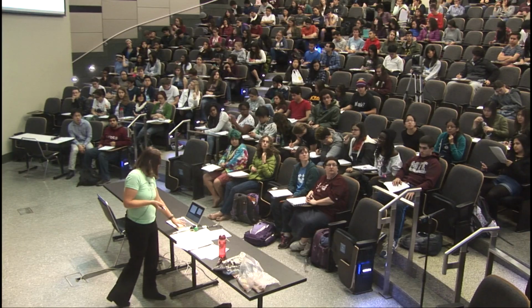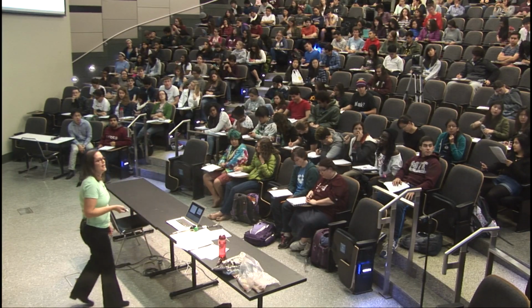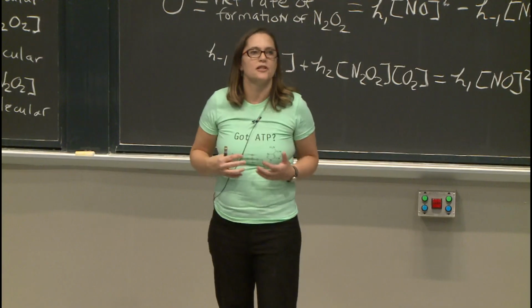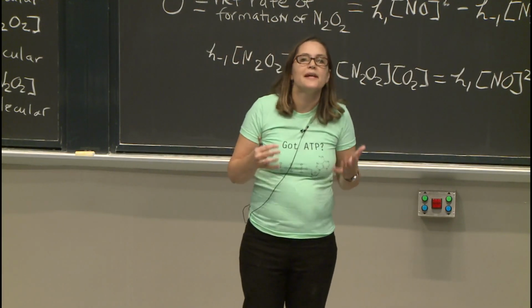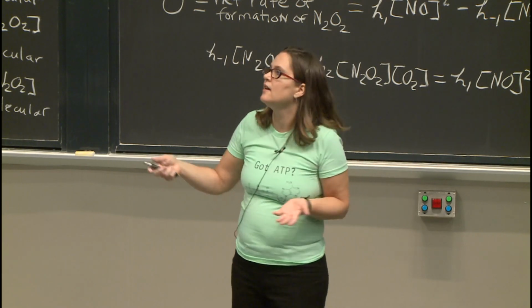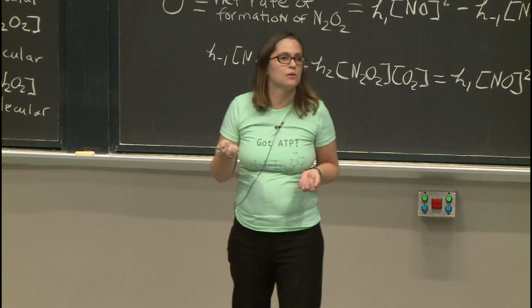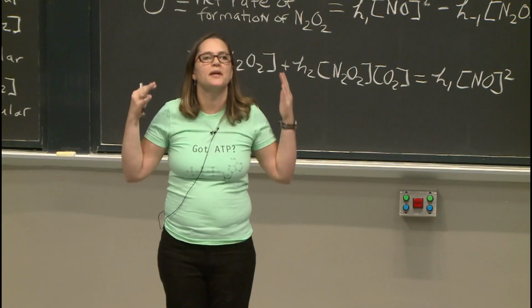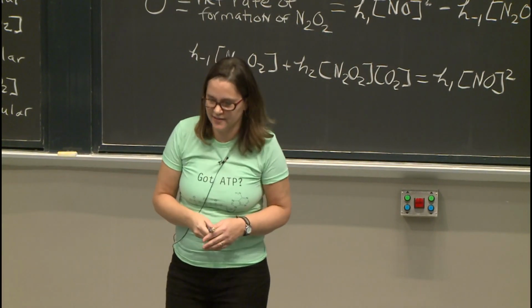It equals the equilibrium constant, K1, for the first step. So if you have a fast reversible step followed by a slow step, the first step is basically in equilibrium. We can make that approximation that it is in equilibrium and solve it by thinking about equilibrium expressions. Fantastic. We can be back to equilibrium expressions.